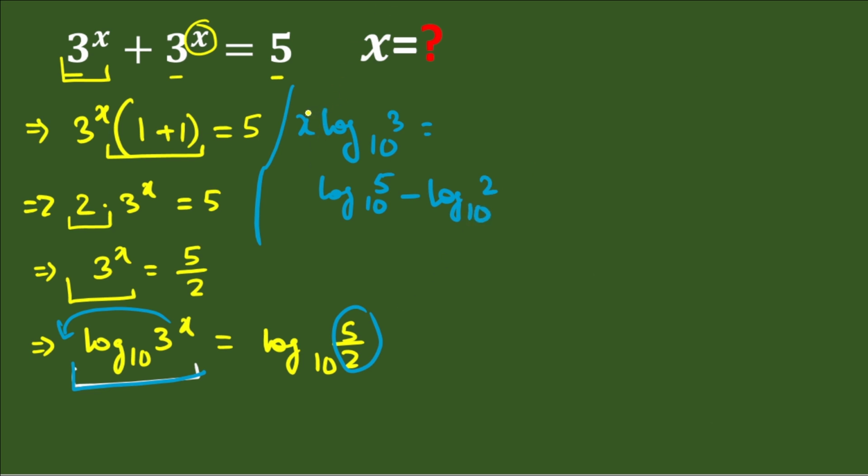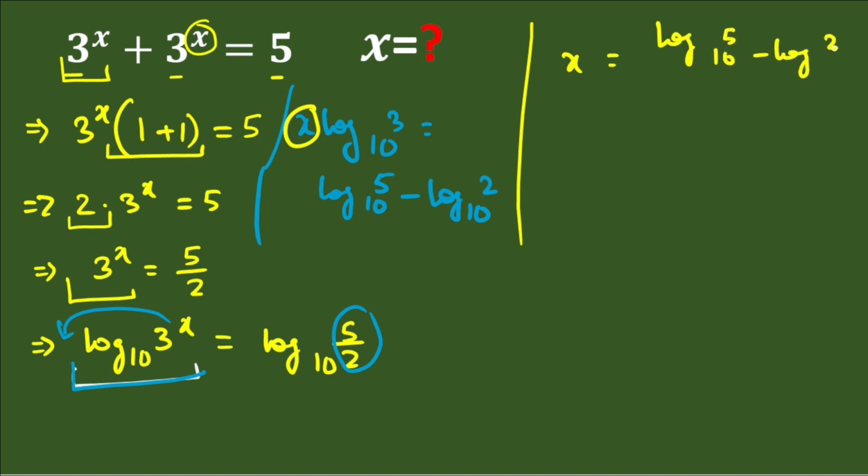Now for calculating the value of x, we'll divide both sides by log 3 base 10. So the left hand side will be x, and the right hand side will be log 5 base 10 minus log 2 base 10, divided by log 3 base 10.